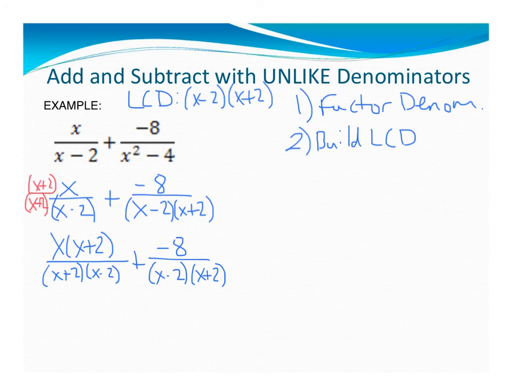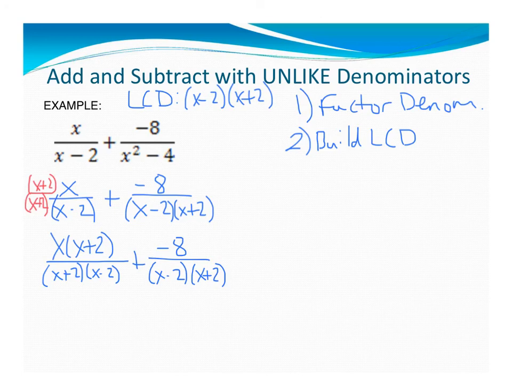So notice now I have the same denominator. Yeah, I wrote them in different orders. I have x plus 2, x minus 2, x minus 2, x plus 2, but multiplication is commutative, so it's all good. Each of them has this LCD, least common denominator.